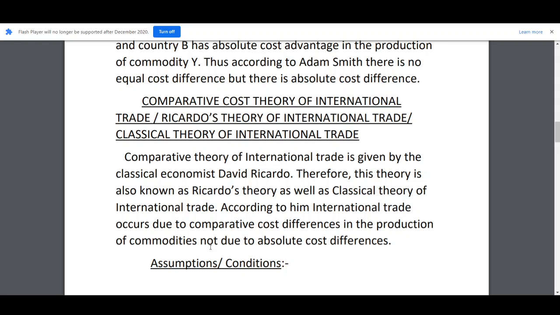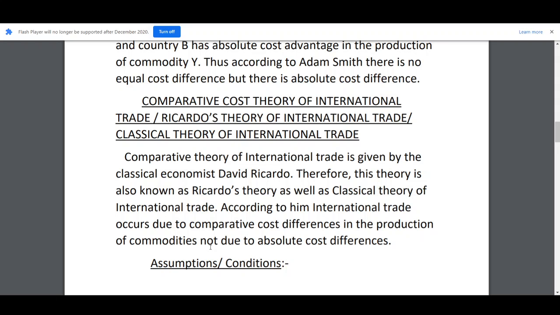There were two countries, explained through production possibility curves AA1 and BB1, country A and country B. AA1 was the production possibility curve of country A, and BB1 that of country B. Country A produces more of commodity X, and country B produces more and more units of commodity Y, which we represent on the OY axis.